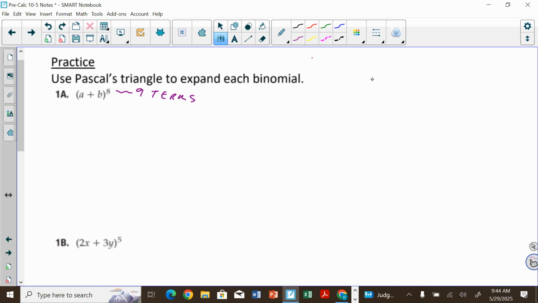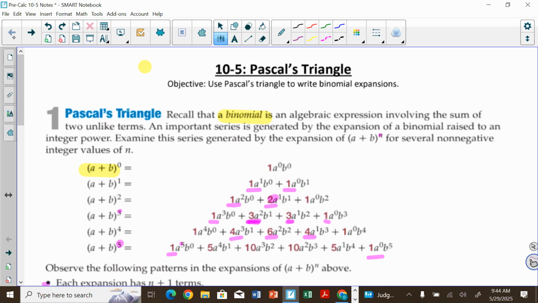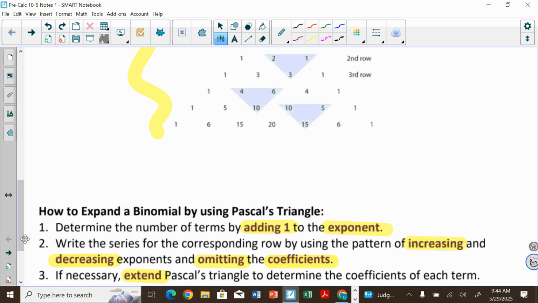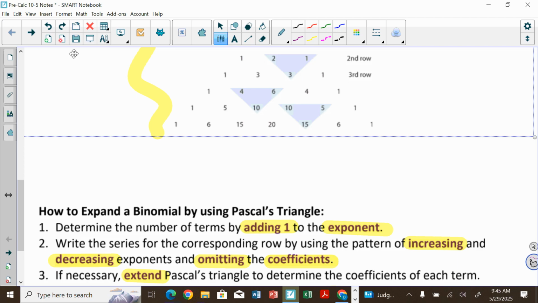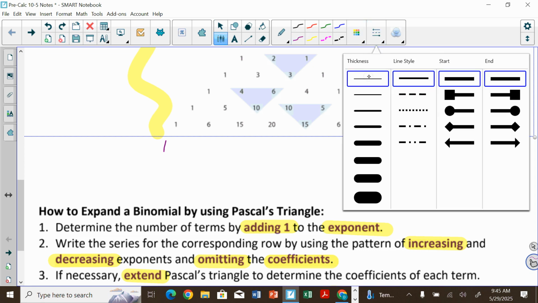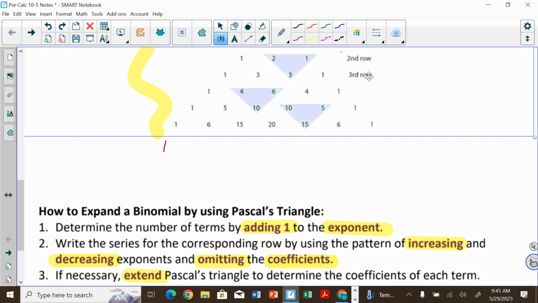So I know that the first term, if I look back at my triangle here, I'm going to just reference this to help us out, because the next row, if I continued along here, would have a 1 over here, and then a 7, because this 1 plus 6 would be 7.